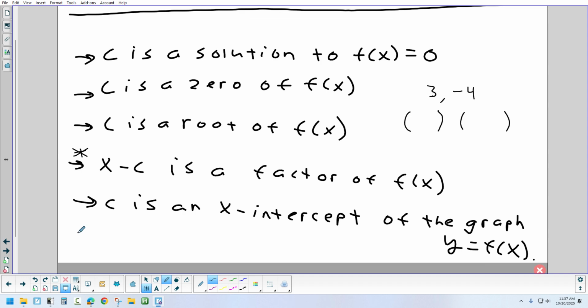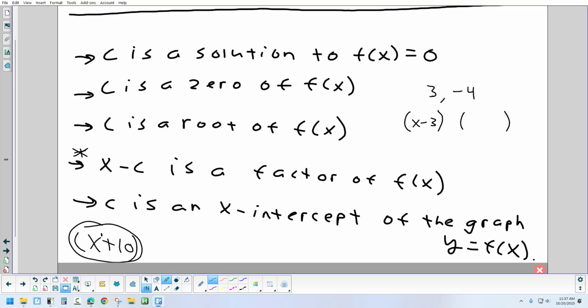Let's try x plus 10. That's a linear factor because it's to the first power. If I plug in 3 for x, do I get 0? No, I get 13. So that's not it. I'm looking for what would be it. And it looks kind of like that. Is it not x minus 3? Yeah, x minus 3.